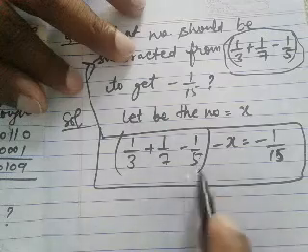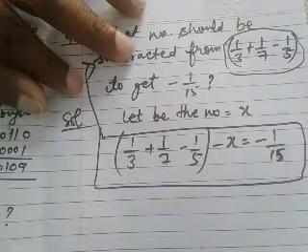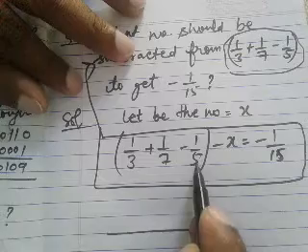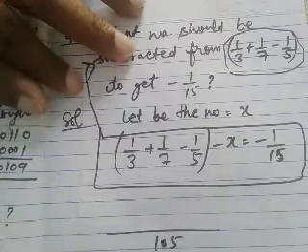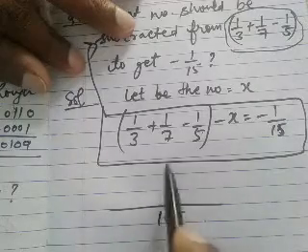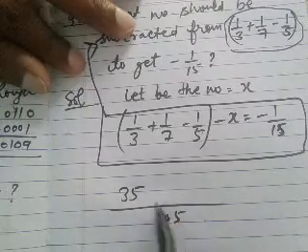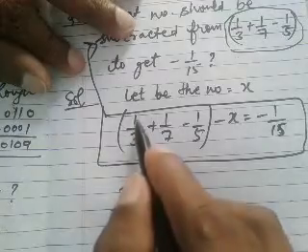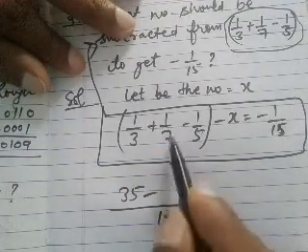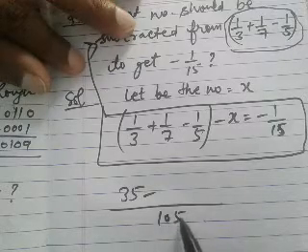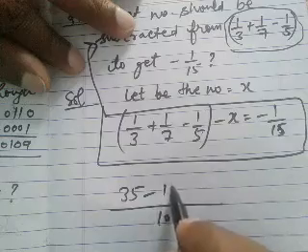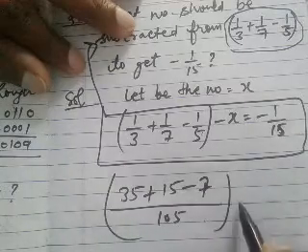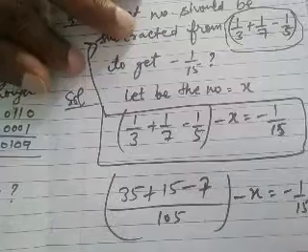First of all, solve this bracket according to the BODMAS rule, and we take the LCM of 3, 7 and 5, which is 105. 105 divided by 3, the quotient is 35, and 35 multiplied by 1 gives 35. 105 divided by 7 gives 15, minus 7, this is plus, minus x is equal to minus 1 upon 15.